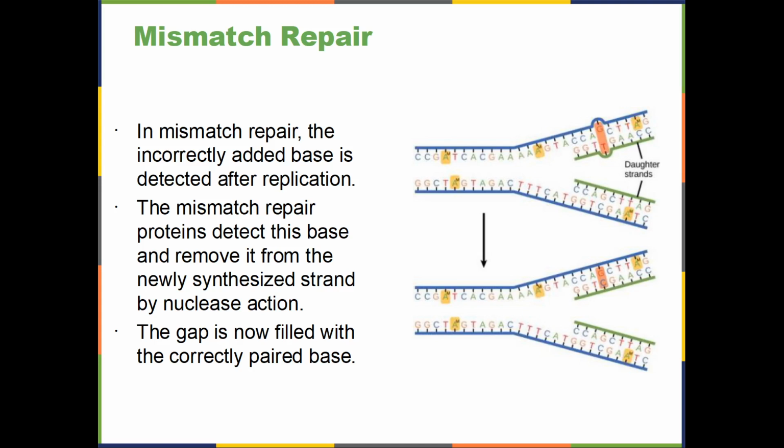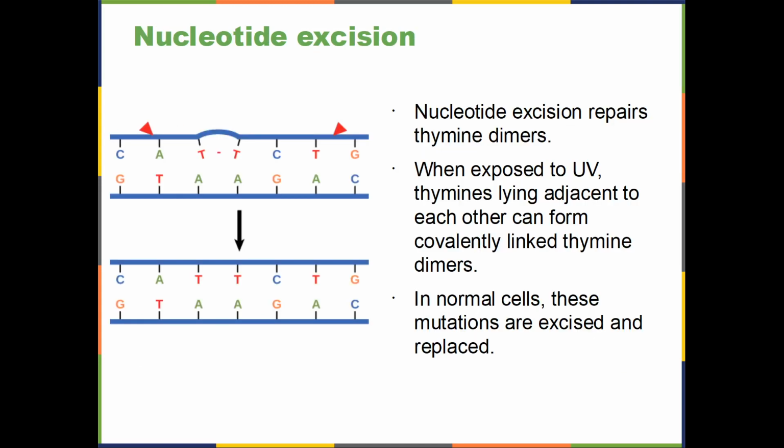Mind you, you would have to use the original template DNA to determine which one you're going to repair. You want to keep the template and get rid of the daughter strand. All right, nucleotide excision.